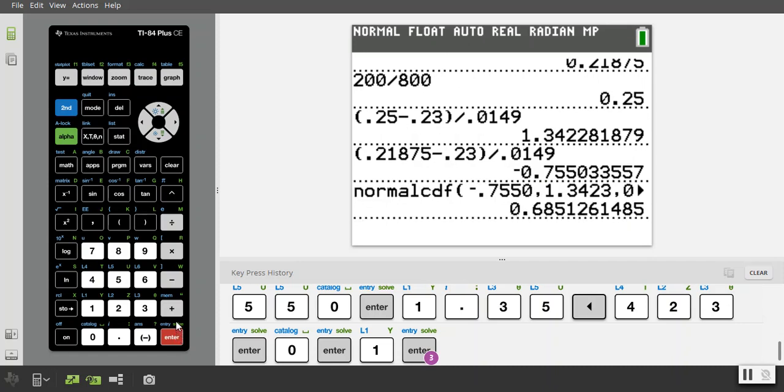So this is 0.6851. It might be a little bit off from what I got in my calculator initially, but it's only off by a few decimals, accurate up to 2 decimal places, off by like 0.003, which is not too bad.